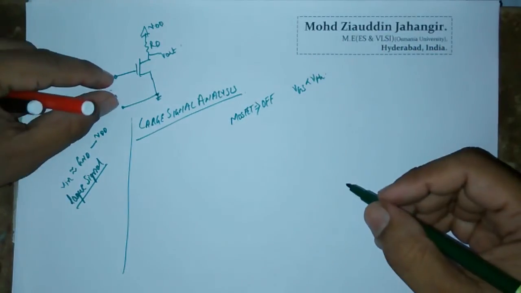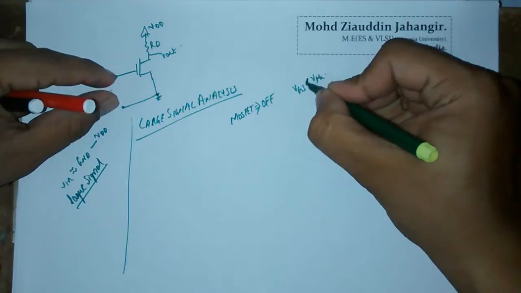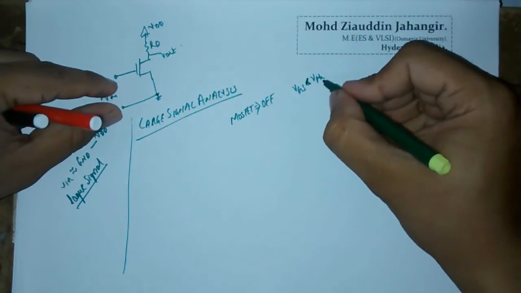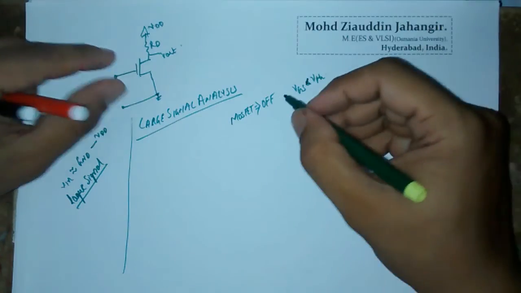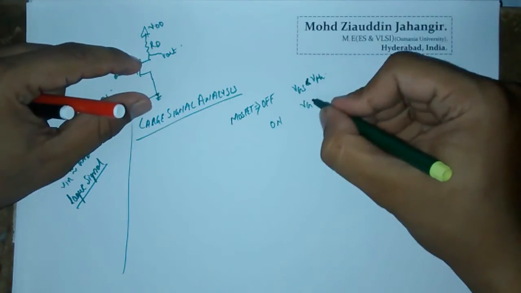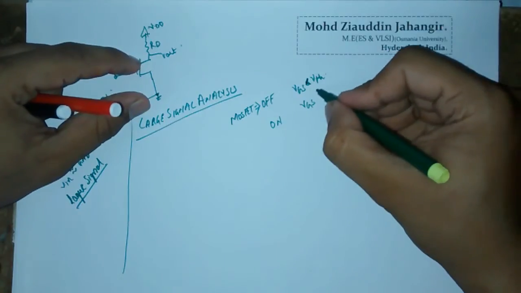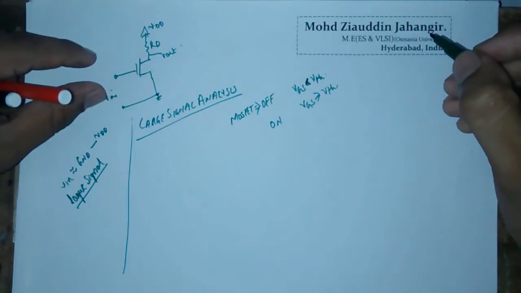Suppose you are giving a signal here and that signal is so low that it is less than VTH, then your transistor will remain off, it will never turn on. For this transistor to be in the on state, your VGS should be greater than or equal to VTH.